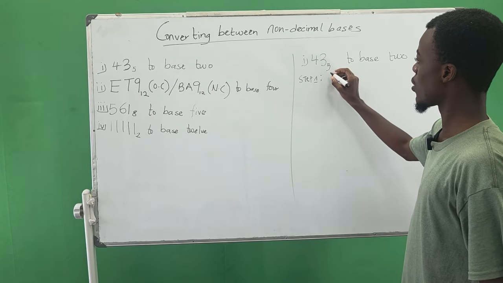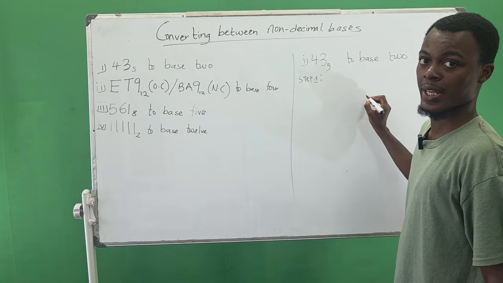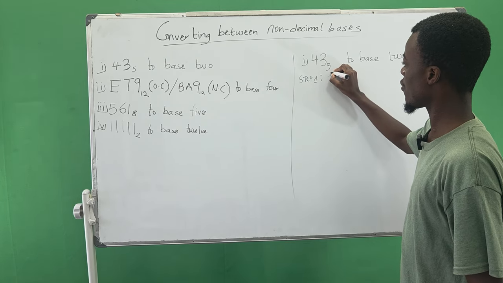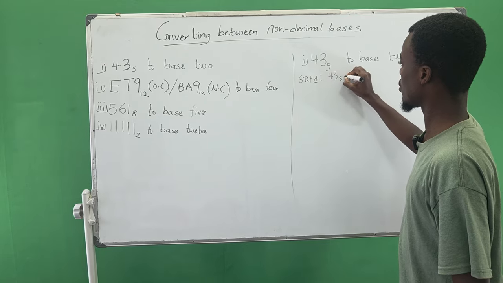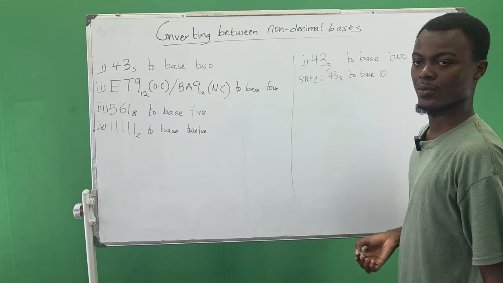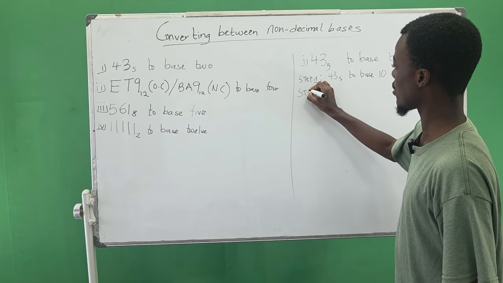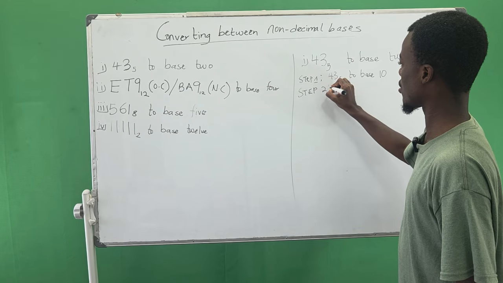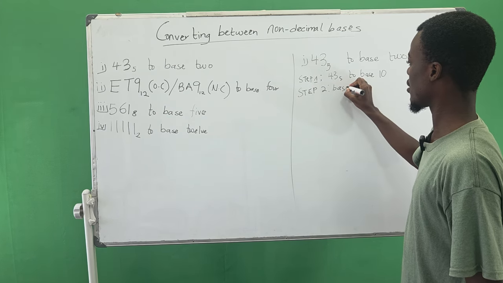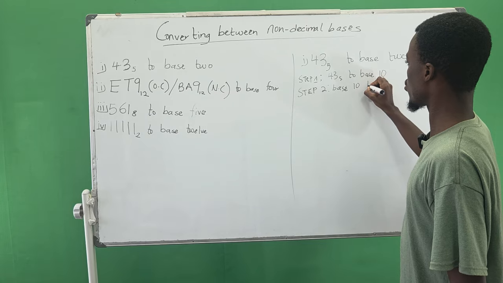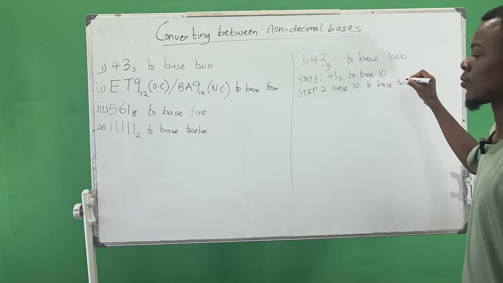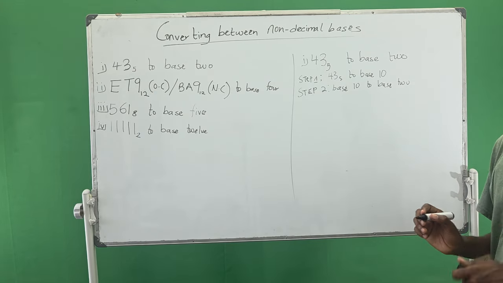We have to convert 43 base 5 to base 10. Then step 2 will be to take the answer you get in base 10 and convert it to base 2.